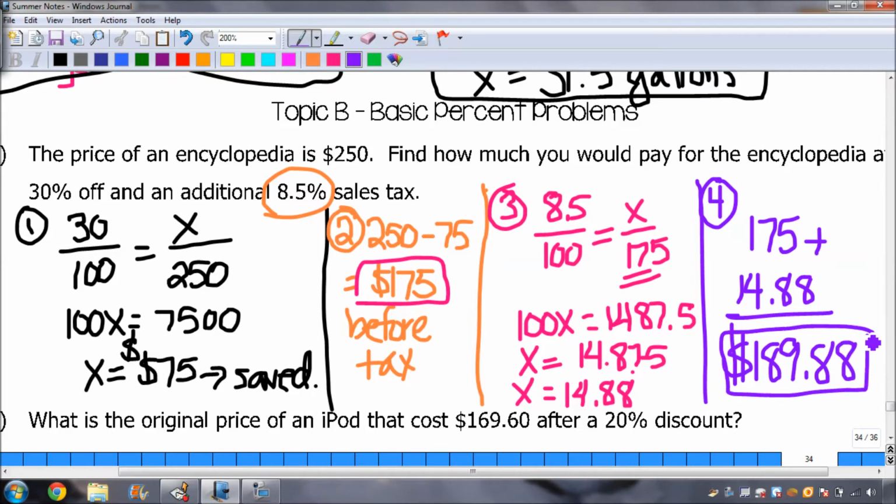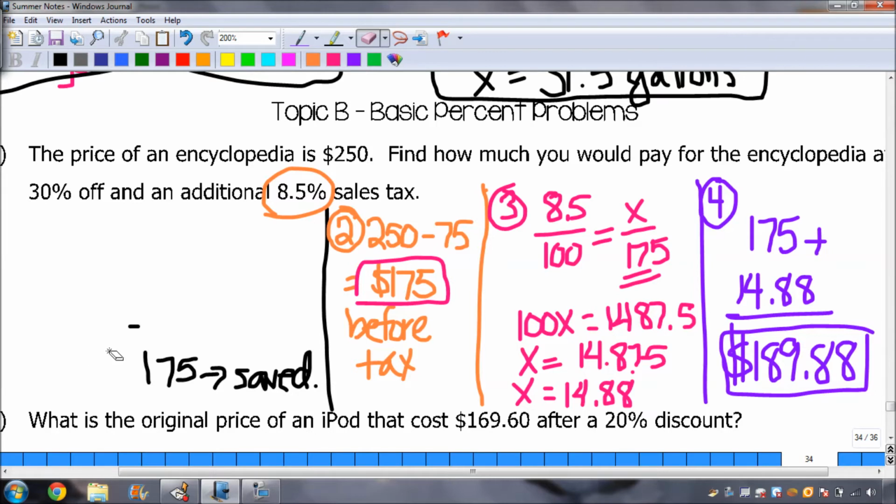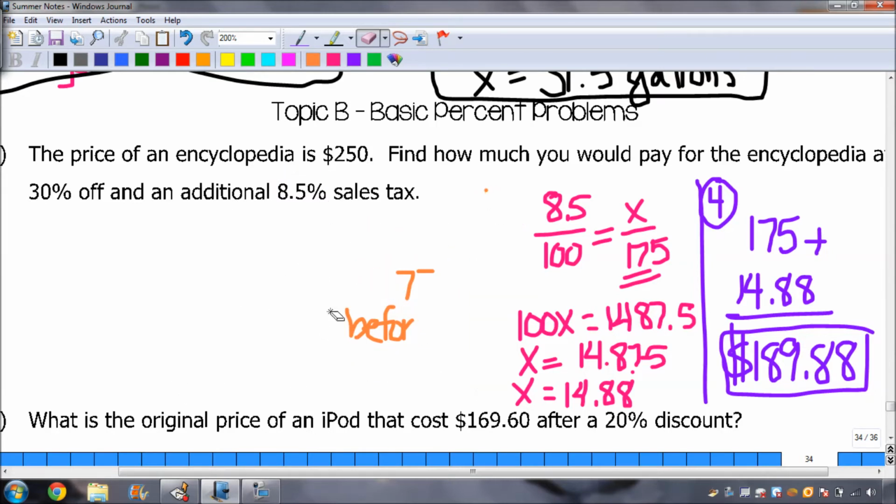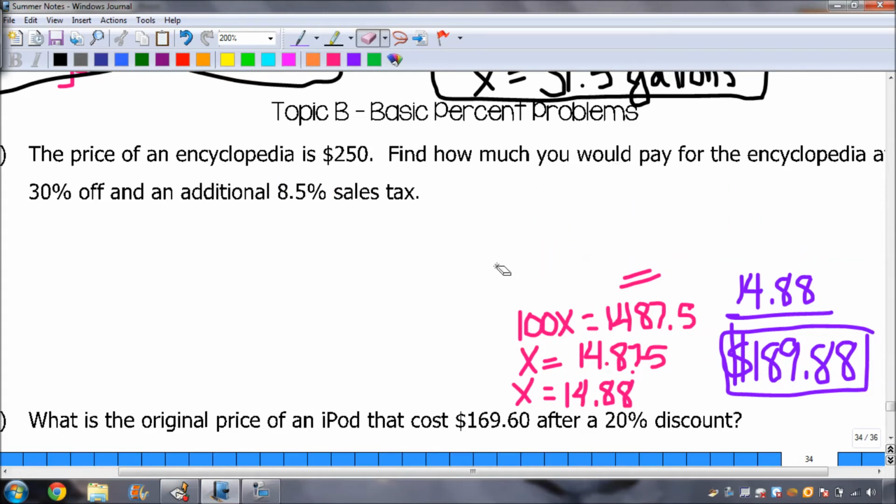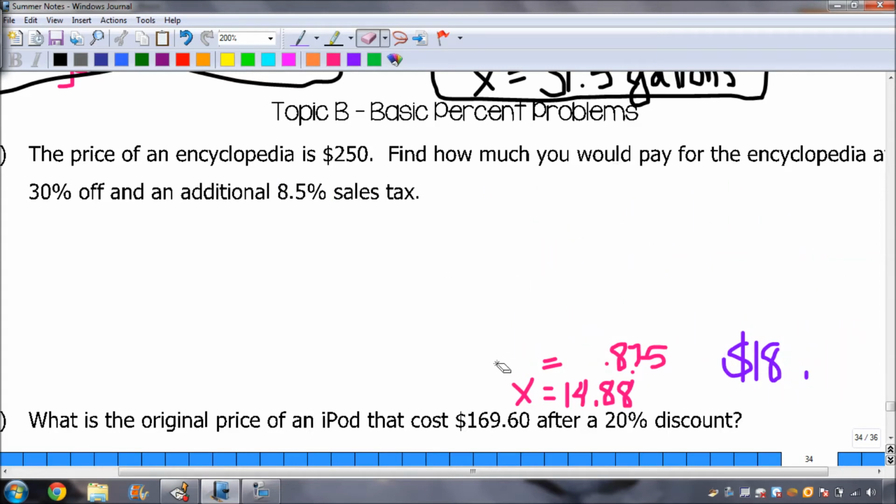Okay? That's one method. Now, keep these numbers in mind because they are going to help you see the connection with the other method. In the other method, you know that you are paying 70% if it's 30% off. Percent is out of 100, right? So if I'm going to save 30%, that means I'm going to be paying 70% of the cost.